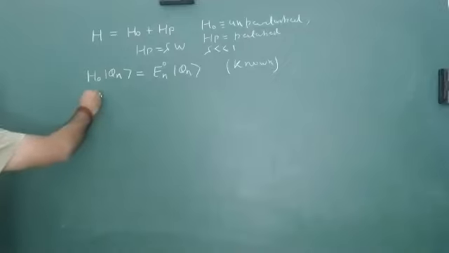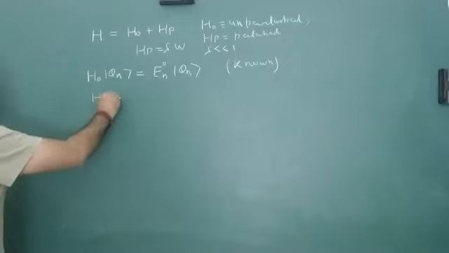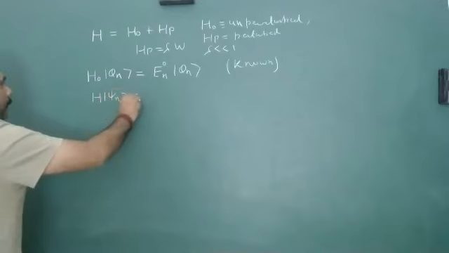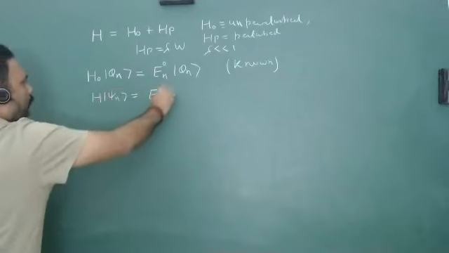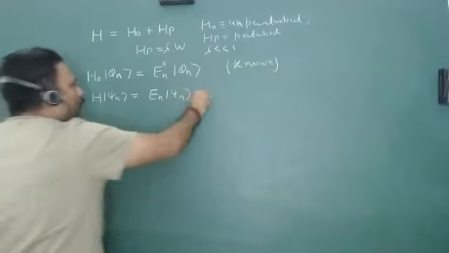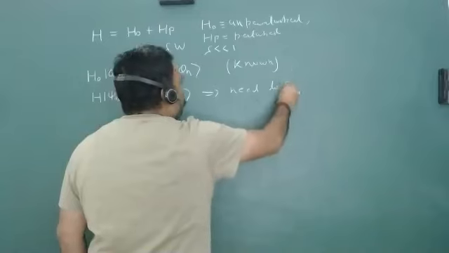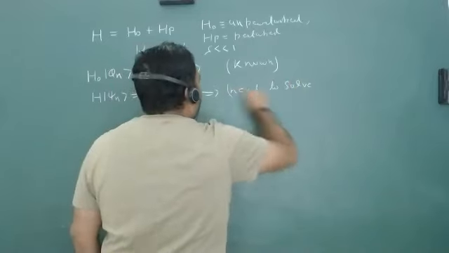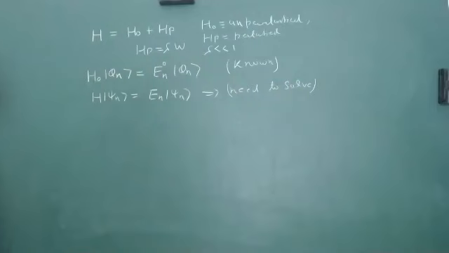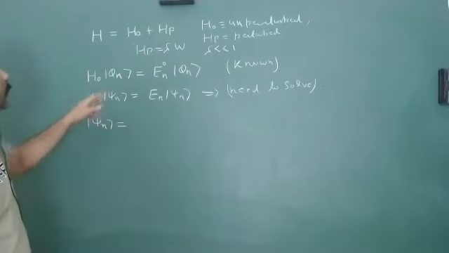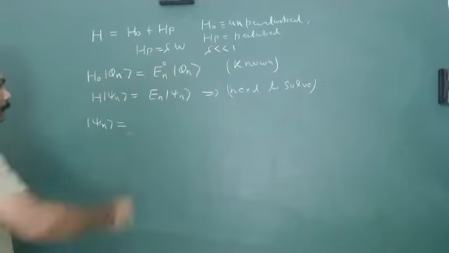And what do we want to solve? We want to solve H psi n is equal to En psi n. This is very simple. What is the idea? The idea is that we can write psi n as a Taylor expansion. So we have different orders of lambda because on this side we have lambda.